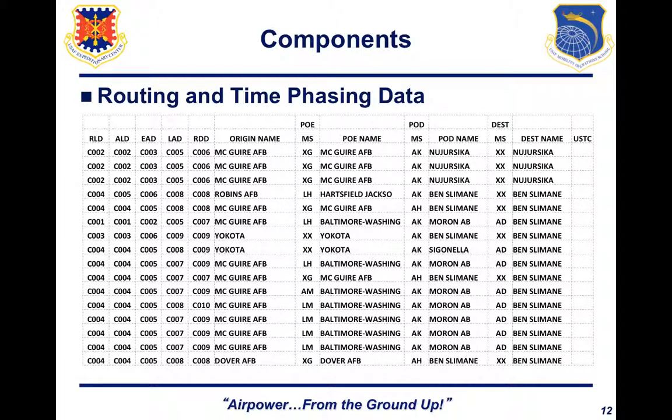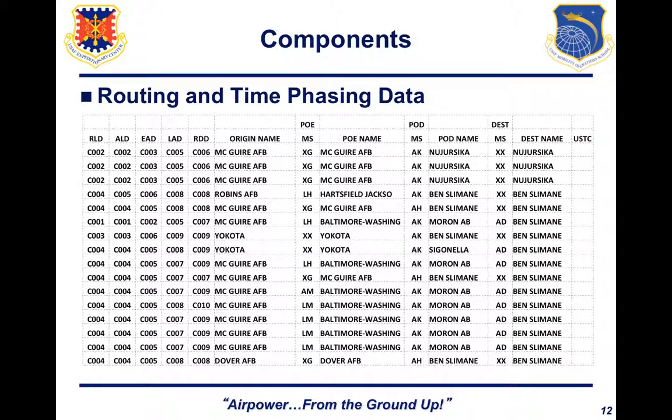The window that I talked about, the EAD-LAD window, is C3 to C5. That's in New Jerseyka. Again, fake TPFDD because they're classified. We're getting to New Jerseyka, which is our port of debarkation, using the mode and source code AK, which in this case means strategic aircraft provided by TRANSCOM.